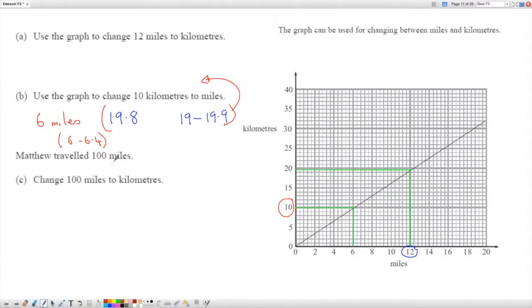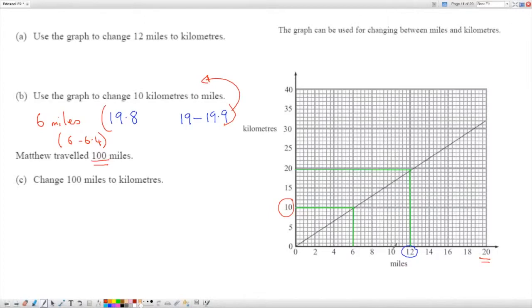Now we're told that Matthew travelled 100 miles. If we look here on our y-axis, it doesn't go up to 100. So we're going to have to use the information we've already used previously to help us work out how many. Sorry, we're looking at 100 miles, not kilometres. So if we look across here, we only go up to 20 miles.